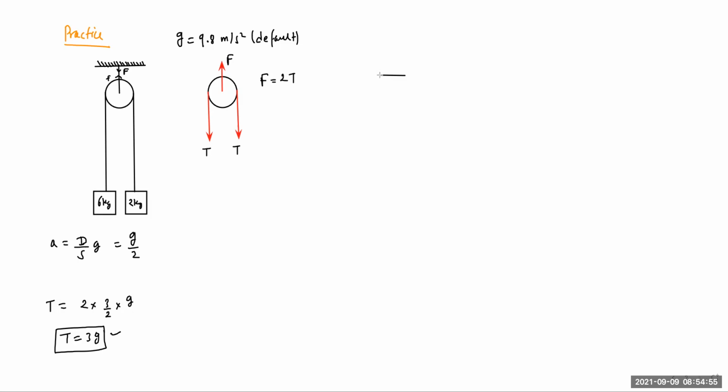Let's do one simple problem. So we have a pulley attached somewhere here. The rope is fixed at one end, and we have a pulley here, and the rope goes past this pulley, and now we attach one block here.